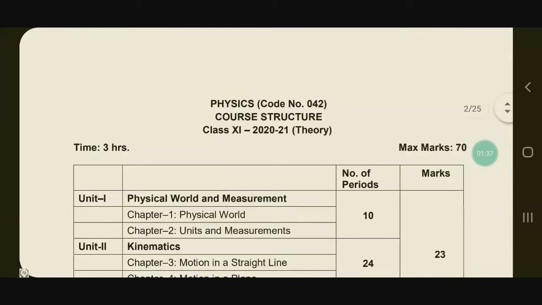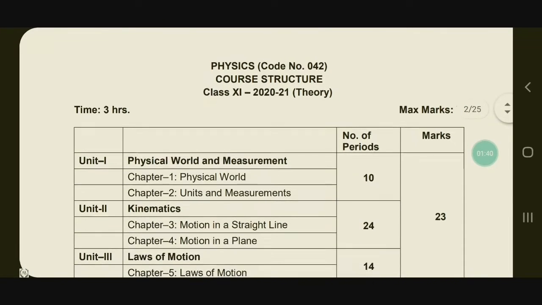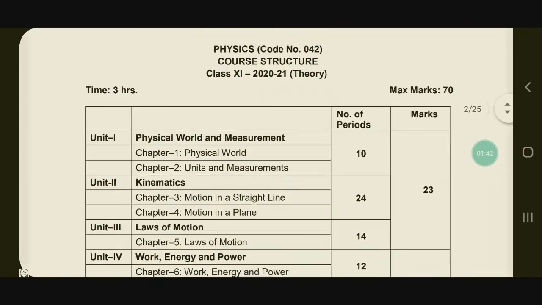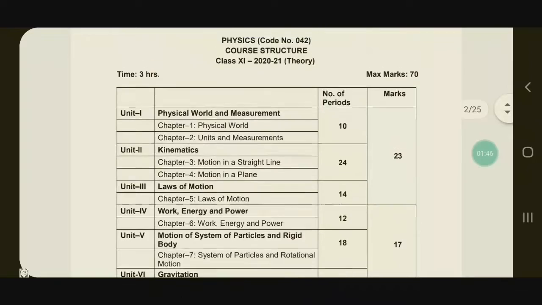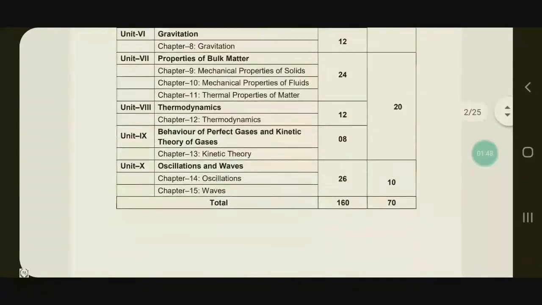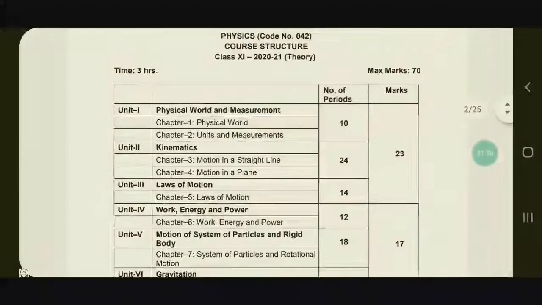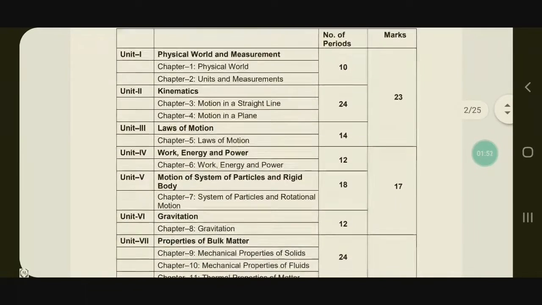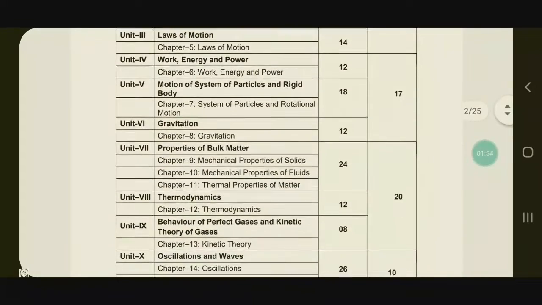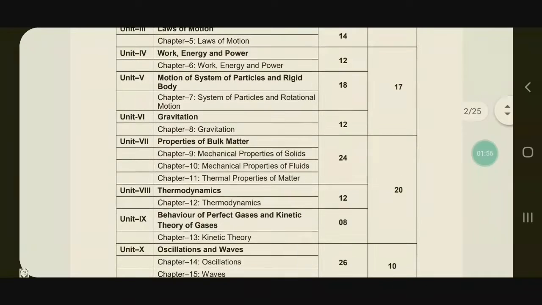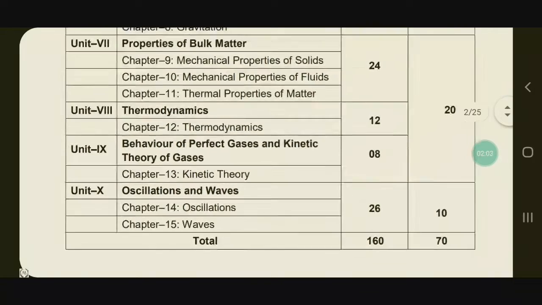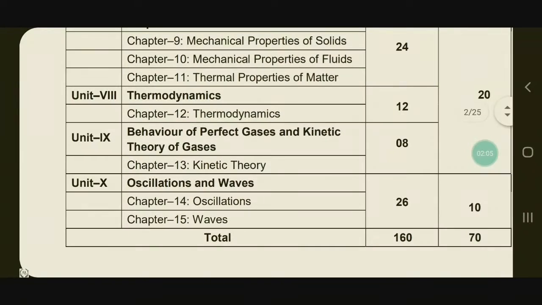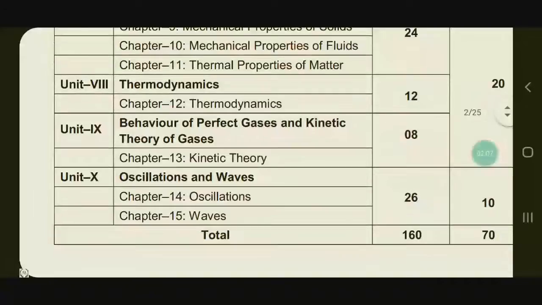First, the 11th course structure is here. There are a total of 10 units: physical world and measurement, kinematics, laws of motion, work, energy, power, motion of system of particles and rigid body, gravitation, properties of bulk matter, thermodynamics, behavior of perfect gases and kinetic theory of gases, and oscillation and waves.